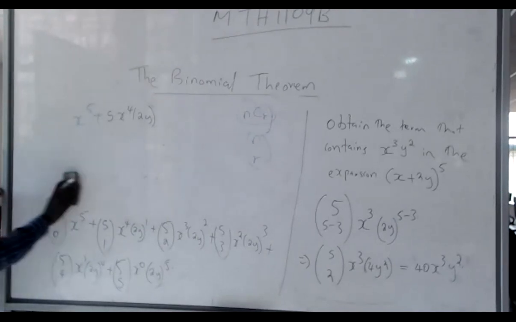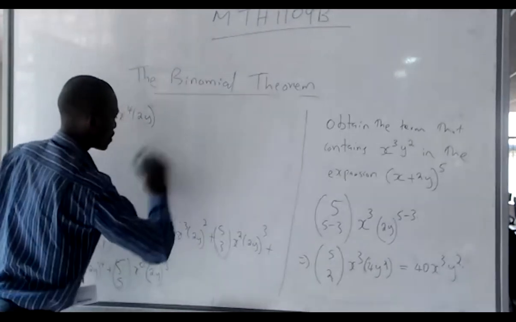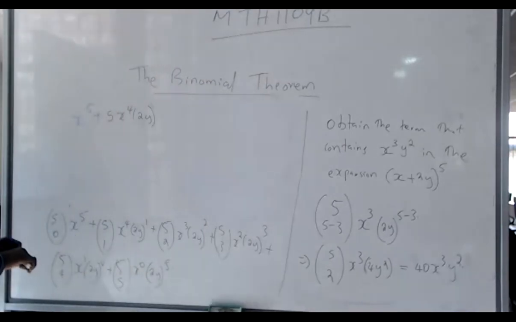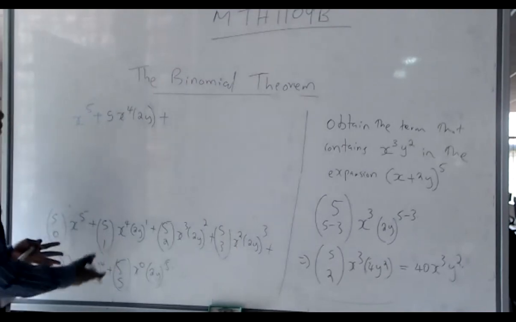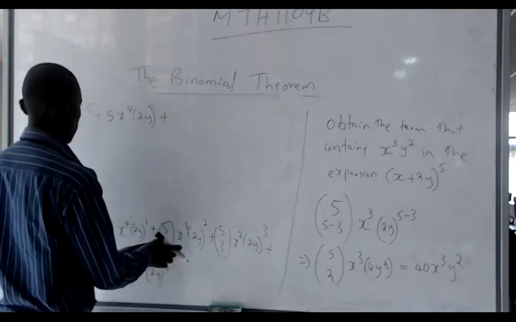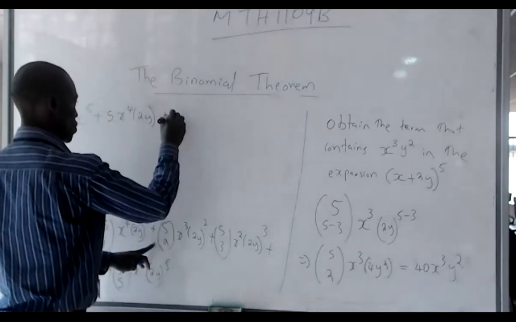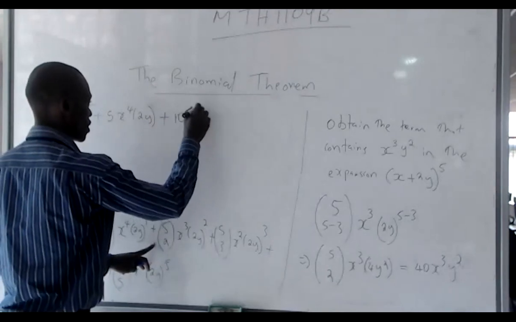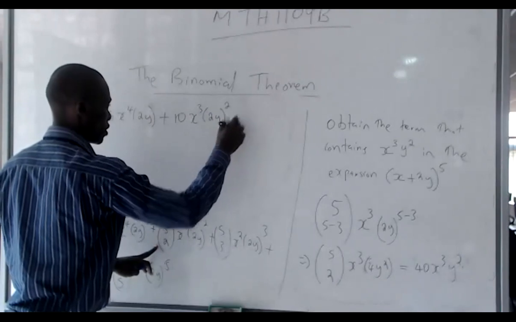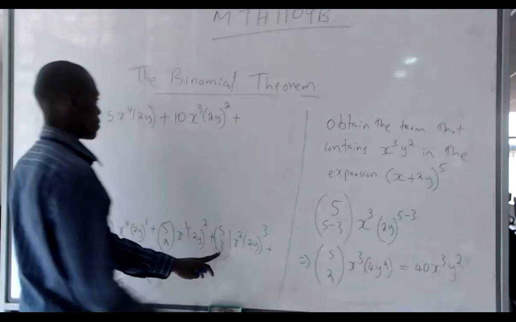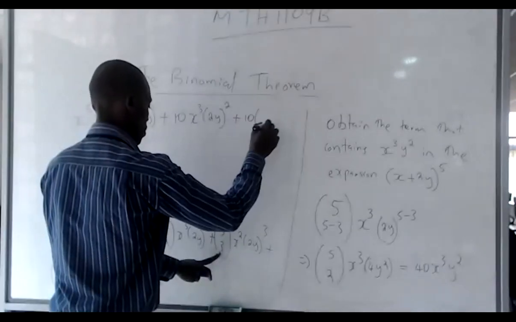Now, to save on time, let me just give you the coefficients because I know them. I will show you how to get them from a calculator for those who have a calculator, but it's just a matter of applying the definition. 5 combination 2 should be 10. So then you have x cubed, and then 2y squared. 5 combination 3, that's also 10.